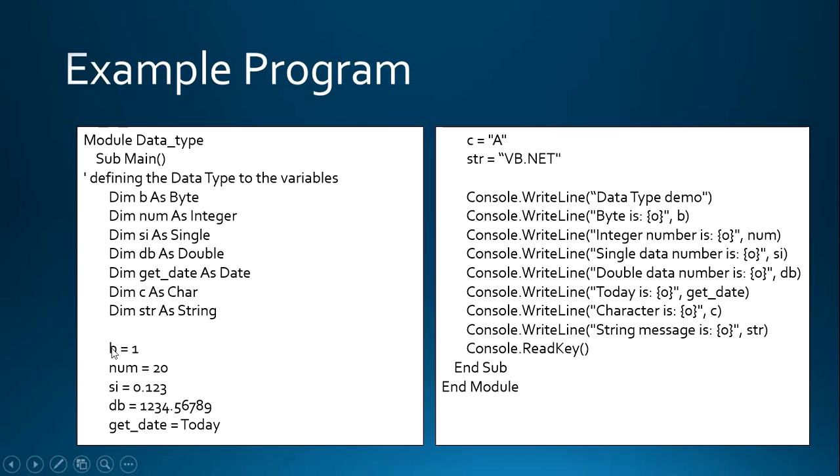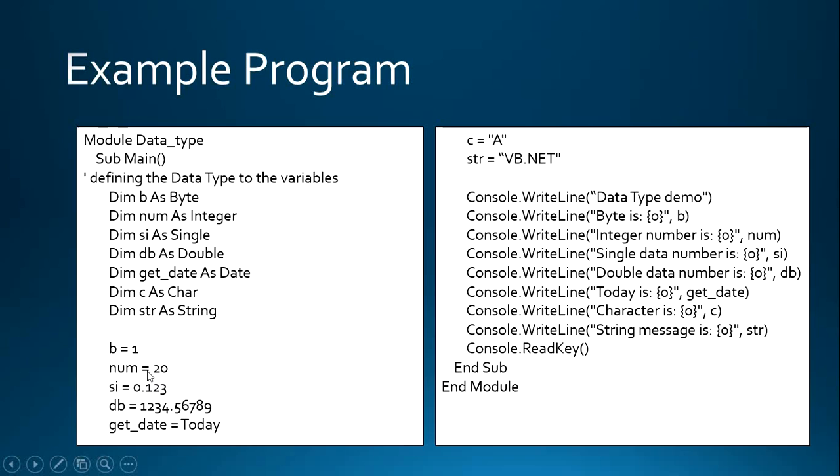Now we are going to initialize all these variables to their values. First of all, we have stored the value of 1 into b. So b equal to 1 means the value of b will be equal to 1 now. Next we have stored the value of 20 into num.